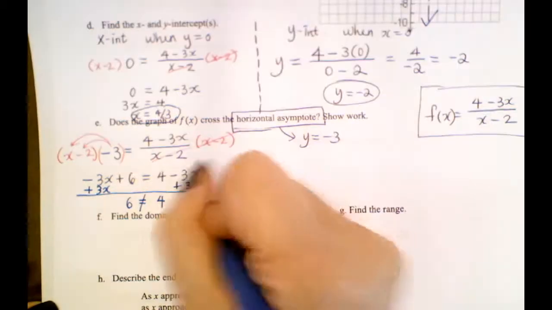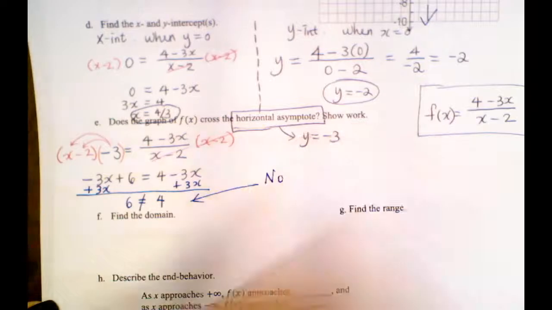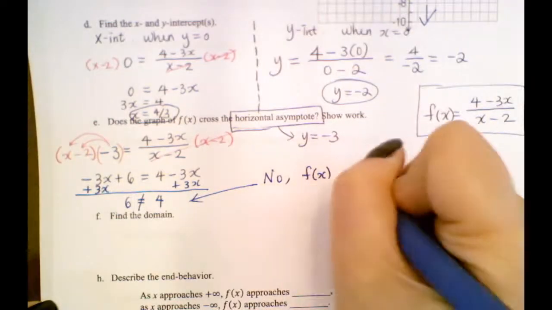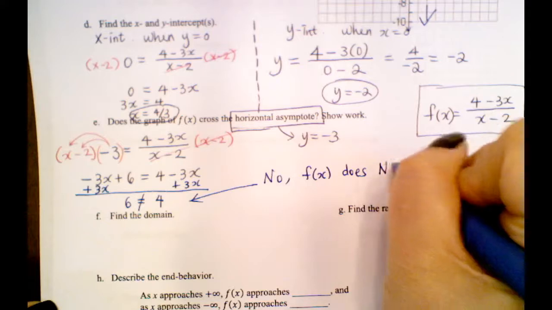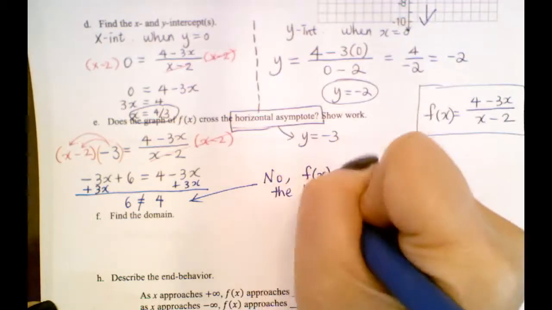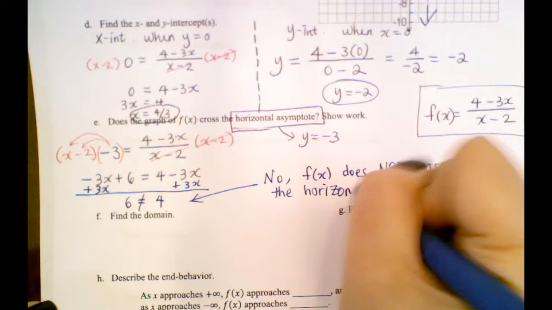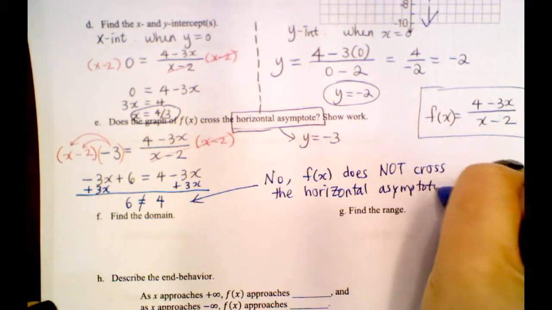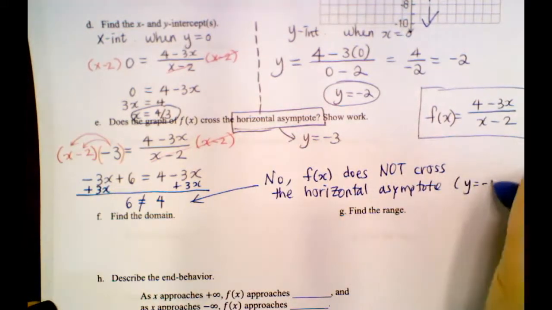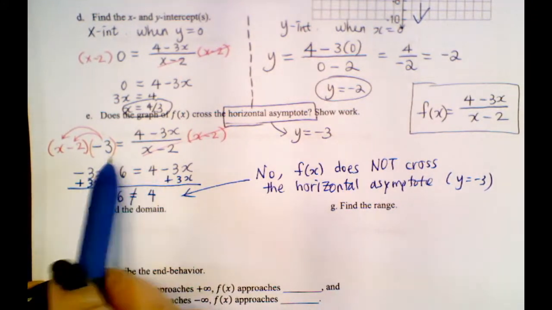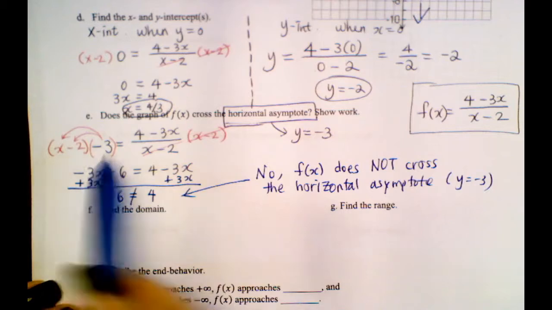So this is a proof that f of x does not cross the horizontal asymptote of y equals negative 3, because there's no x value that will satisfy this equation where we set the y value equal to negative 3.